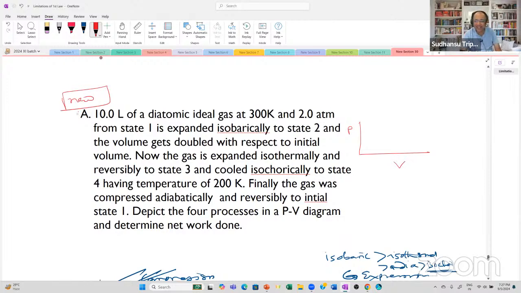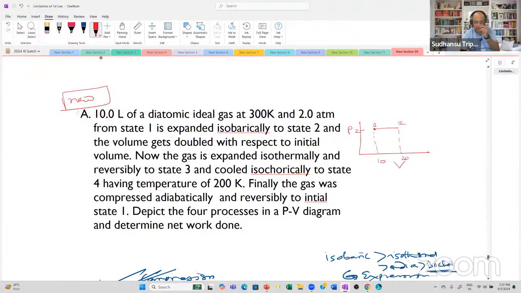10 liter, 2 atmosphere pressure. This gas at 2 atmosphere pressure is expanded isobarically. It was 10 liter and 2 atmosphere, state 1, isobarically to state 2, and the volume gets doubled, it becomes 20 liters.